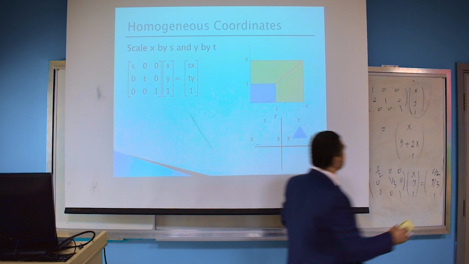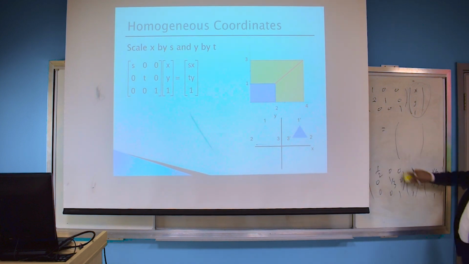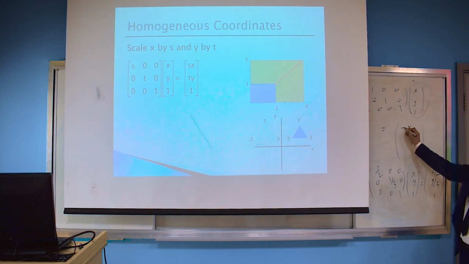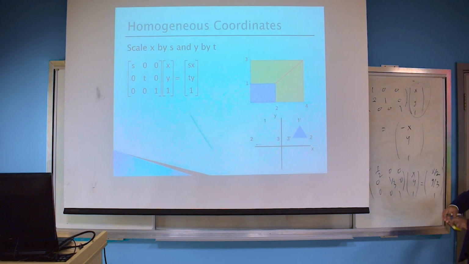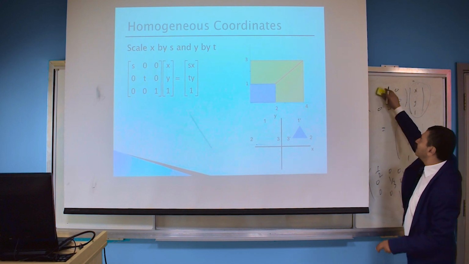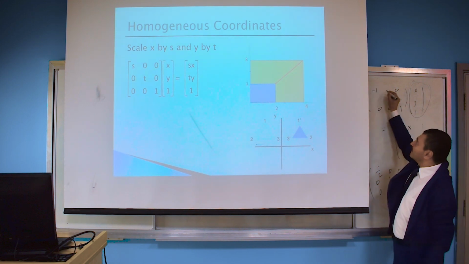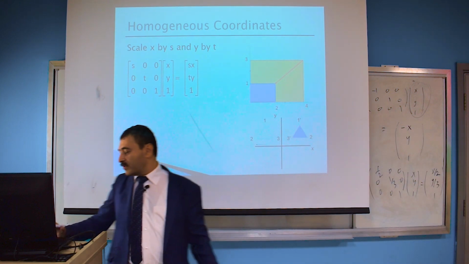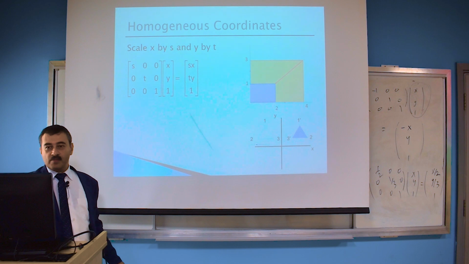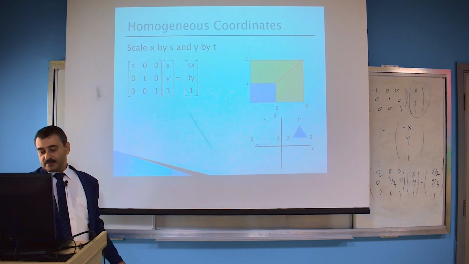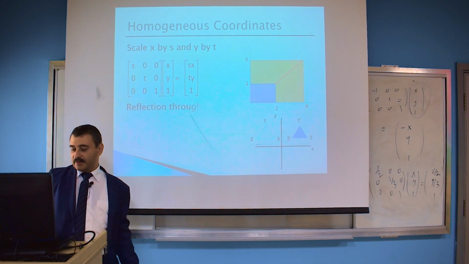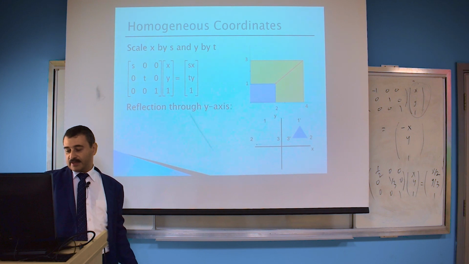So what happened to x and y? X would be negative x and the same y. So what to write here? Negative 1, 0, 0, 1. Okay? So this is the reflection about the y-axis. You change the x. Do you remember the even function? It has to do with the even function. Replace x by negative x.